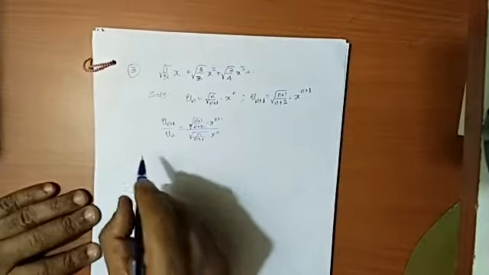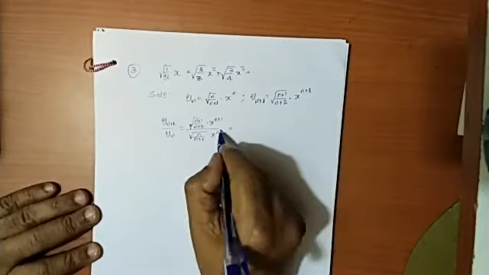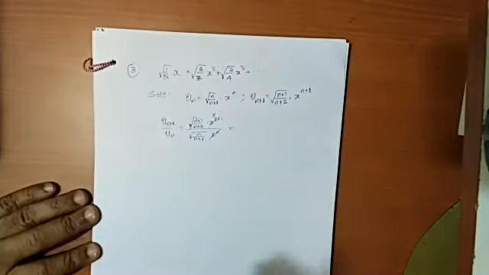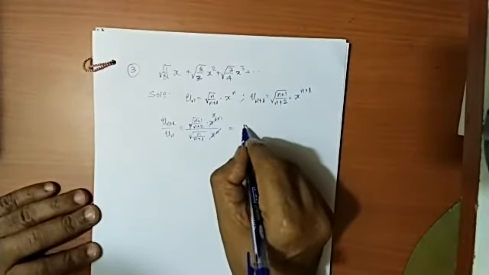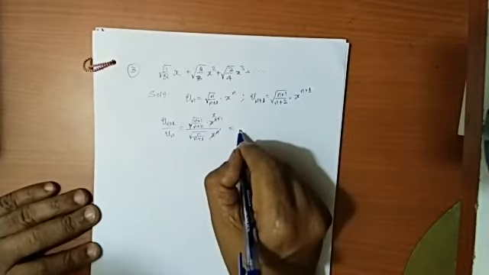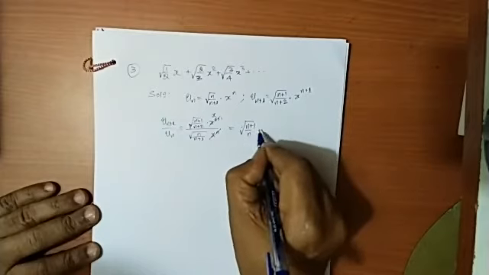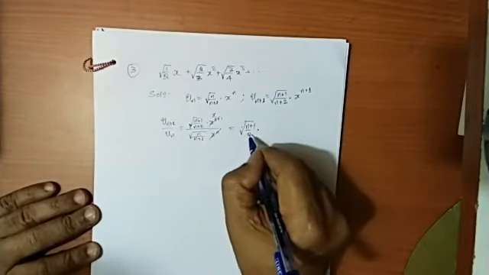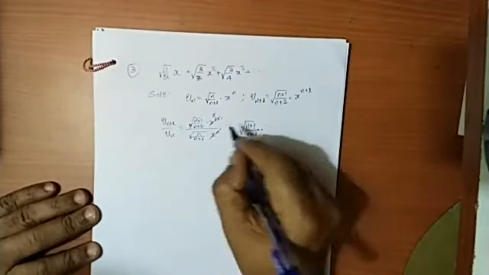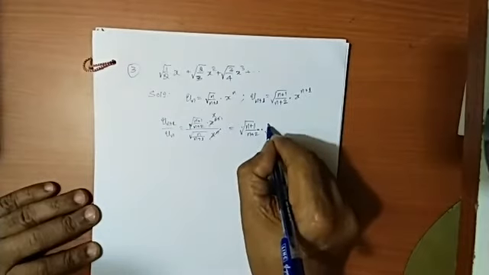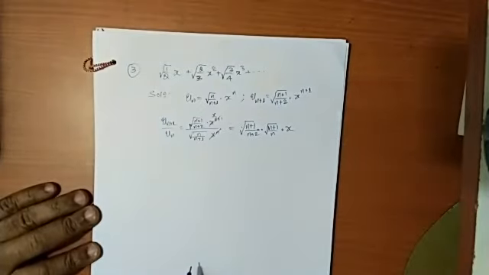If I simplify this, what do I get? x raised to n plus 1 by x raised to n, they cancel, leaving x in the numerator. So this will be root of n plus 1 over n into n plus 2, if I shift it, it becomes root of n plus 1 over n times x, right?